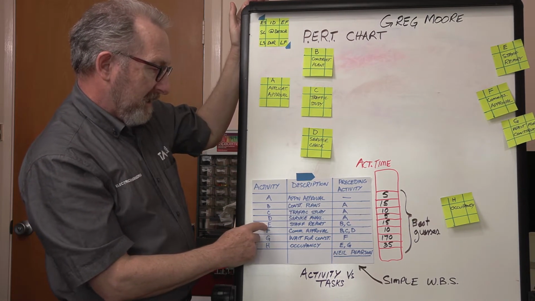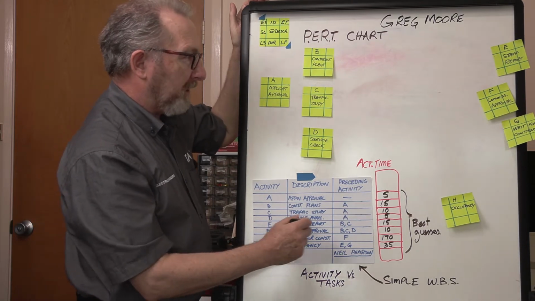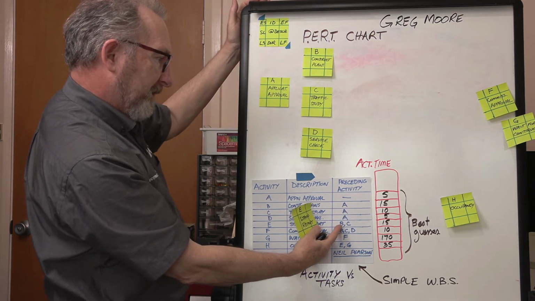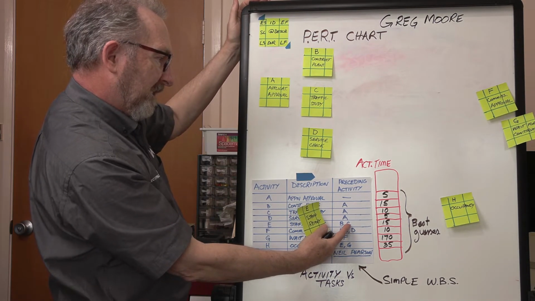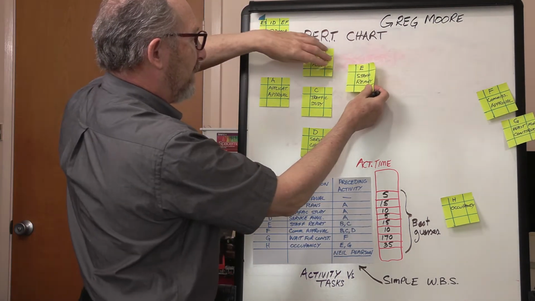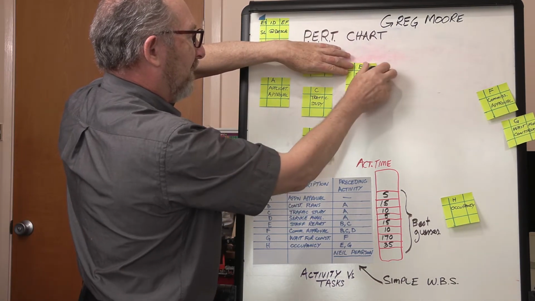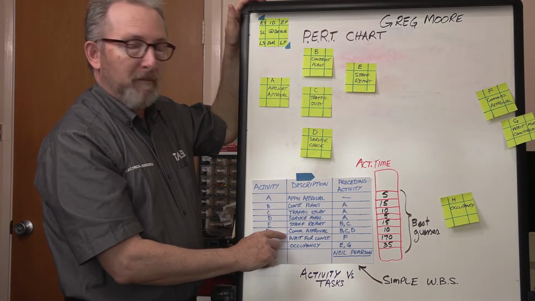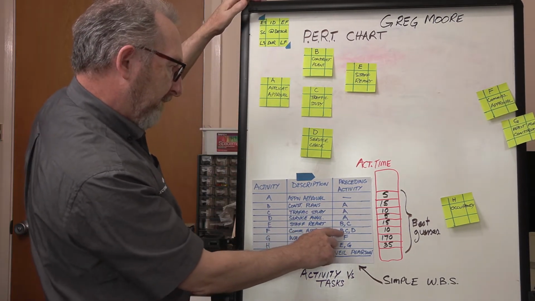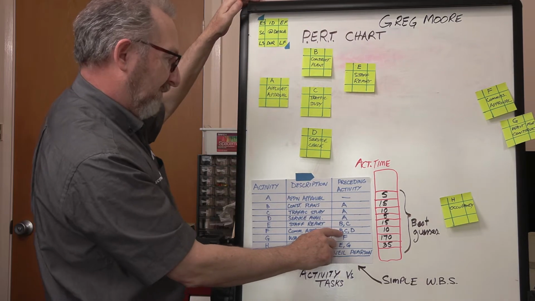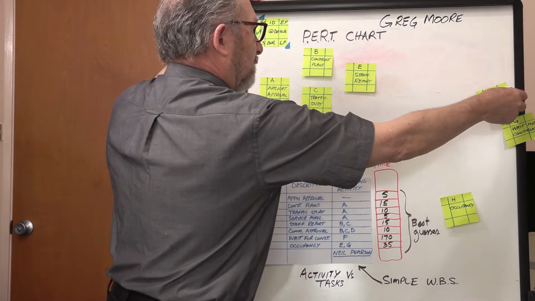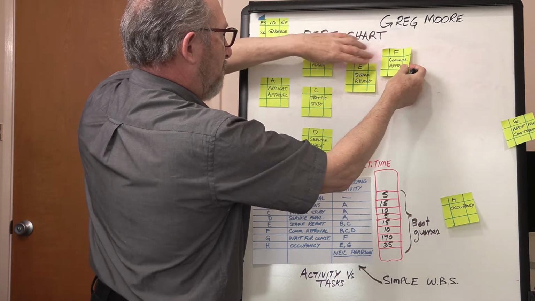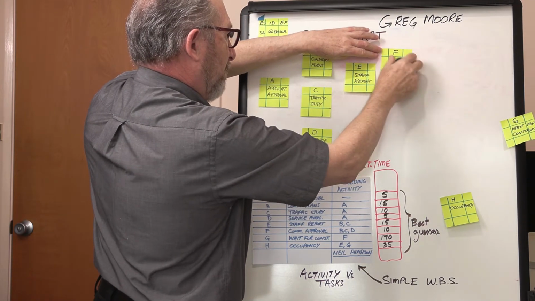Activity E, staff reporting. Activity E follows activity B and C. Well, there's B and C, so we'll have a go at putting activity E there. Activity F, commission approval, follows B, C and D. We might put that up there just for the time being.